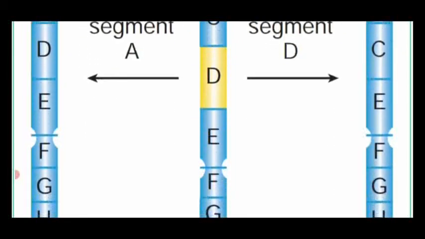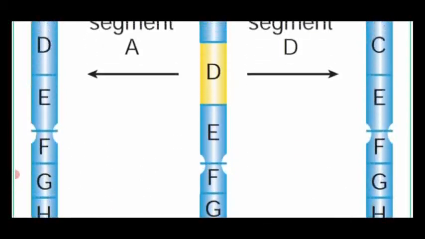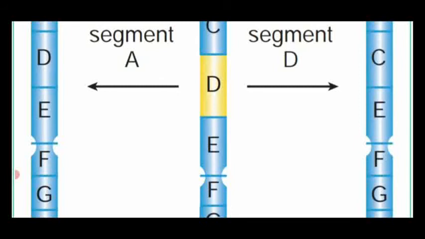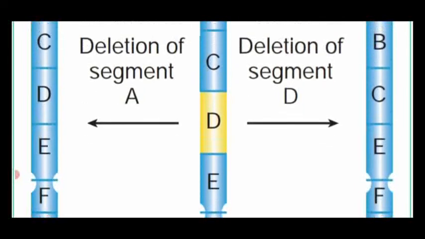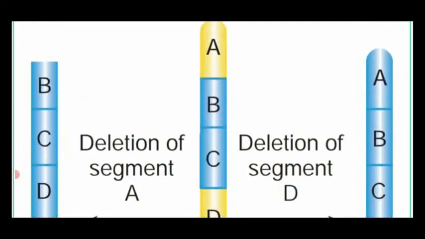Intercalary means a middle segment of the gene is deleted. So whether one or two gene loci are deleted or removed due to deficiency, it is known as deletion chromosomal aberration. That is said to be changes in the number of gene loci. So this is the deletion one.